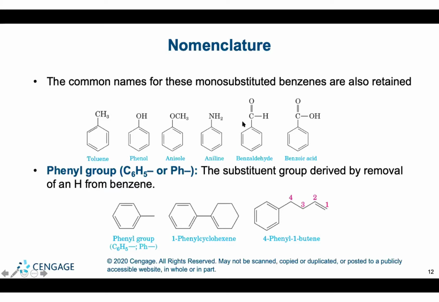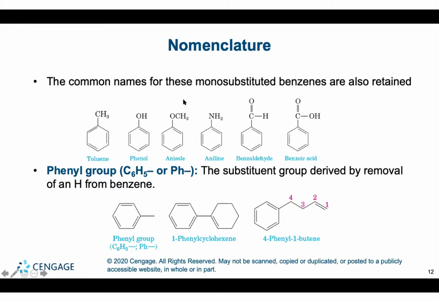Whenever you have a COH group, a CO double bond with an H next to it, it's going to be benzaldehyde. Whenever you have a COOH, it's benzoic acid. We're going to talk about these later, when you will see more of these: COOH, which is the carboxylic acid structure, COH, which is the aldehyde structure, and NH2 when we have amine groups.